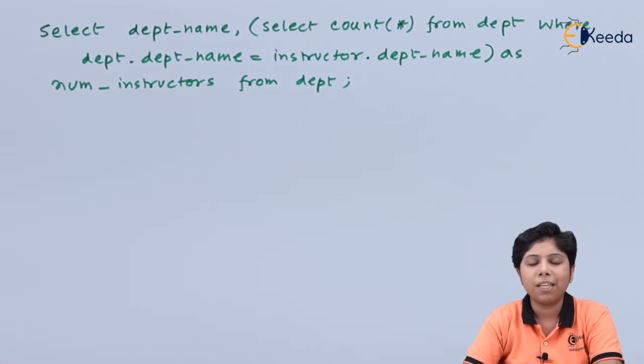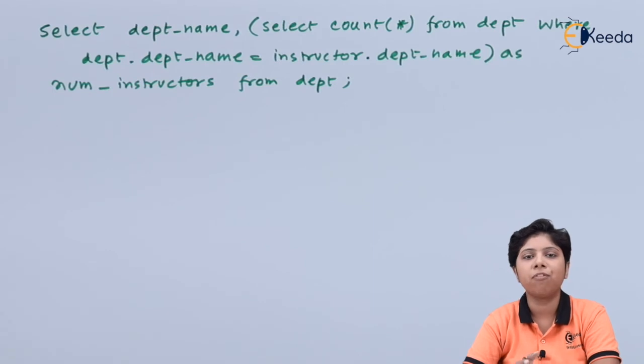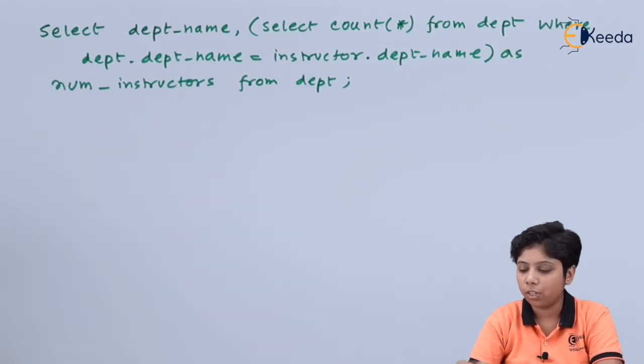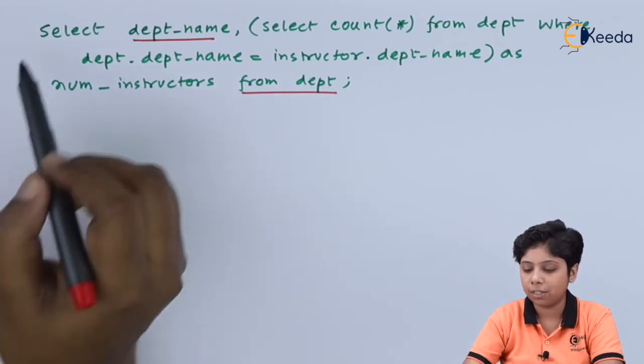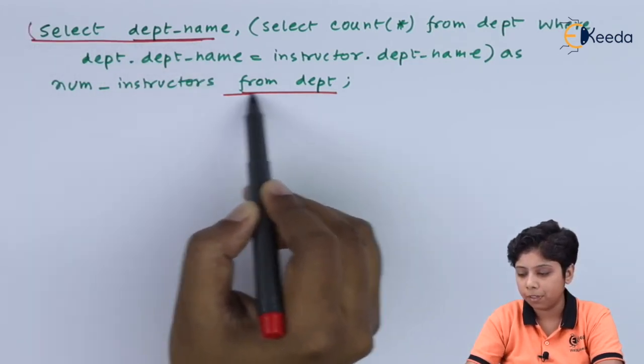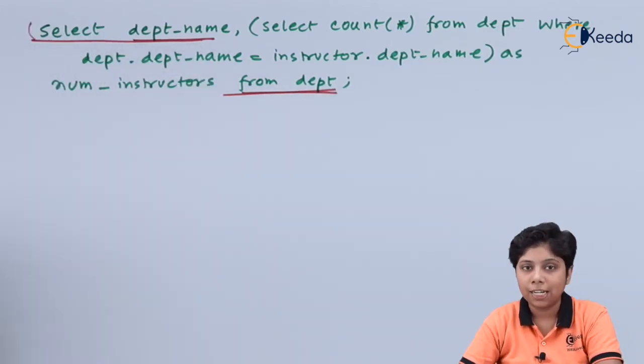Say for example, if I want to get the department along with the number of instructors in each of the departments. So the first one is the easiest one, that I just want to fetch the department name from the department. That is the part of the outer query as a simple one. Now to get the number of instructors in each of the departments, we need to calculate it and solve it as a subquery.